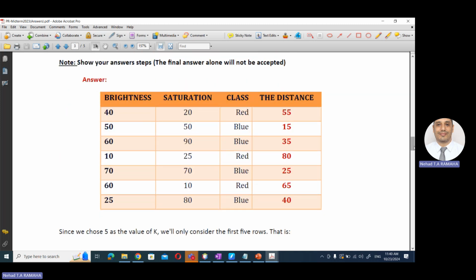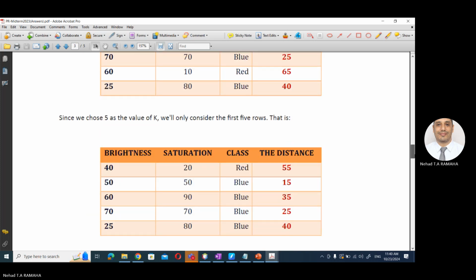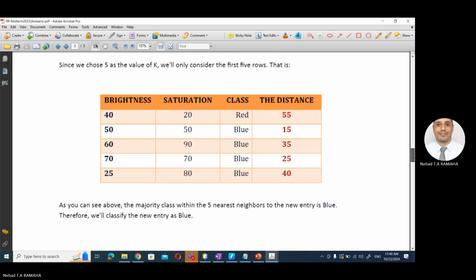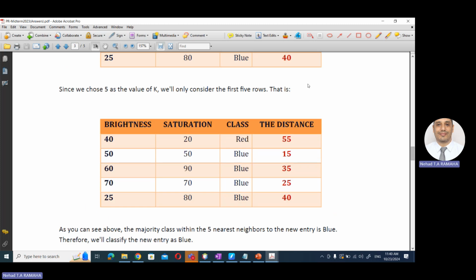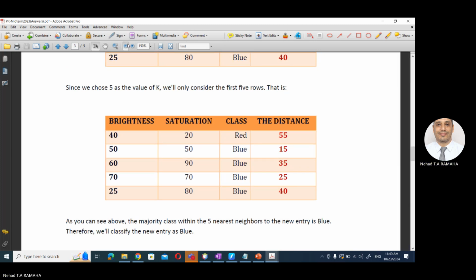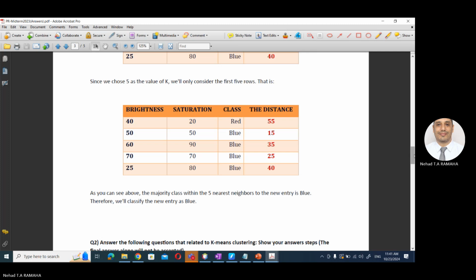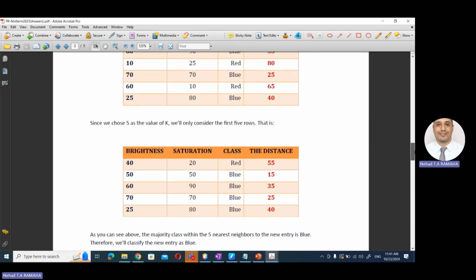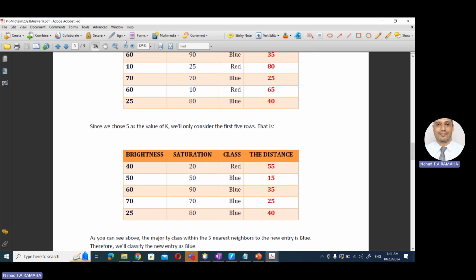This one. This answer, not that one. So it's a blue, yes?